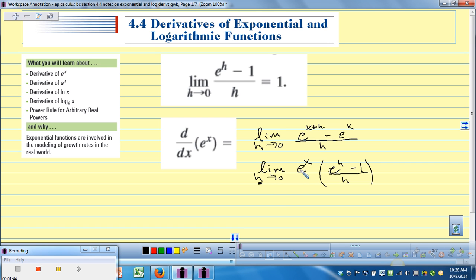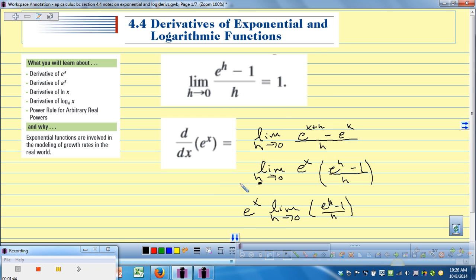So what can I do with this e to the x then? Treat it like a constant and pull it to the front. And we said from the beginning, if we graphically look at this, this limit would equal 1.